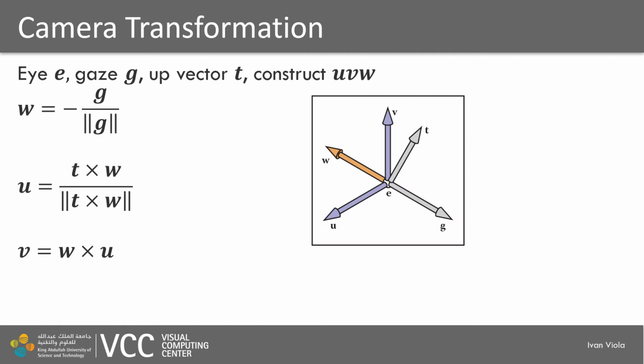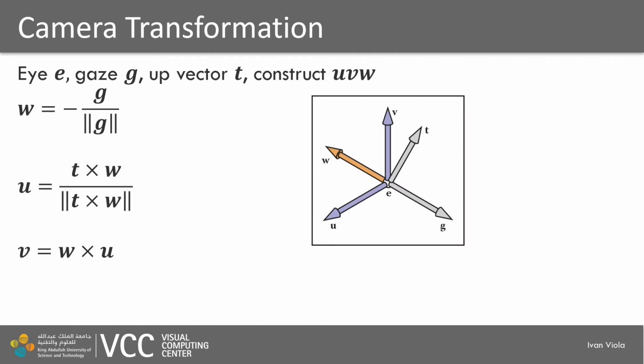Therefore, the negative z will actually be the gaze direction. So we construct the coordinate system with the basis vectors, where w first will be the negative g, as a unit vector.